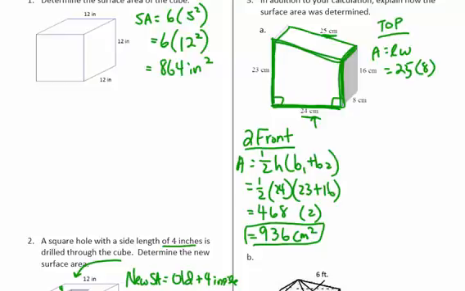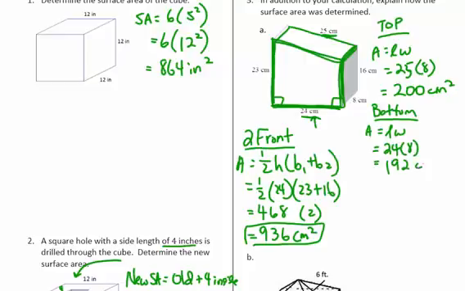This side is 8. So the top is 200 centimeters squared. The bottom is 24 by 8. So that's 192 centimeters squared.